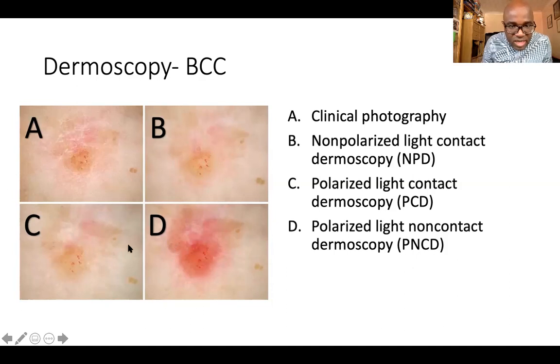They are still visible here, but what you can see is that the blood vessels are much sharper in the non-contact lesion. So if the BCC has nodular features, with some blood vessels or even arborizing blood vessels, they might be much more appreciated with non-contact rather than contact dermoscopy.